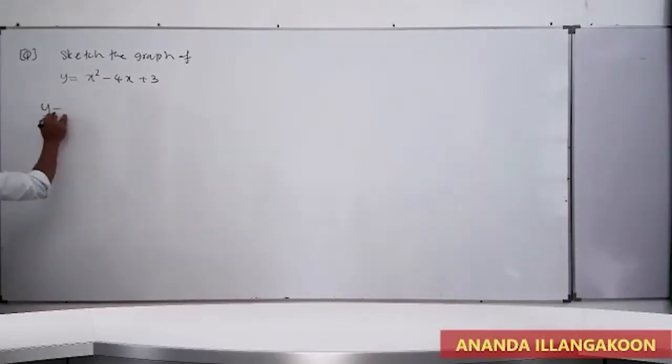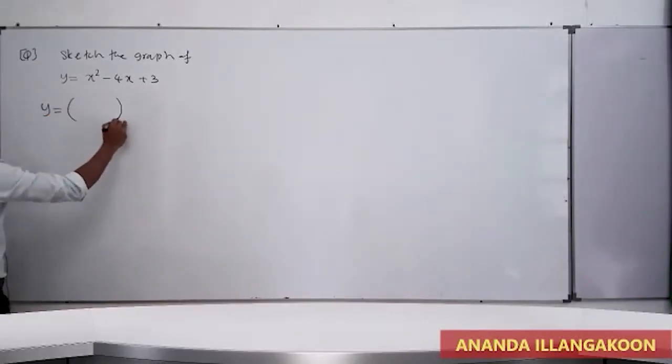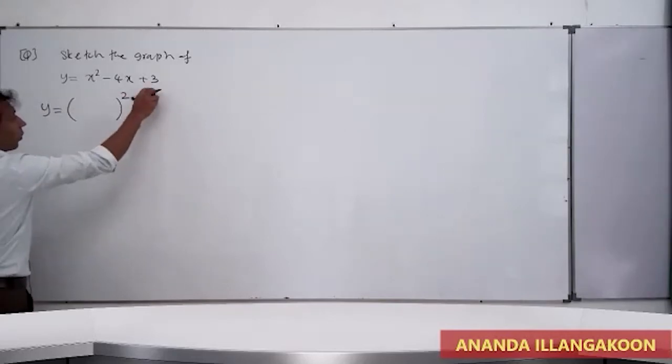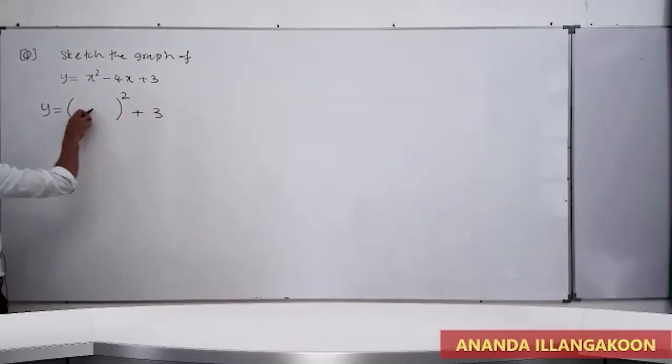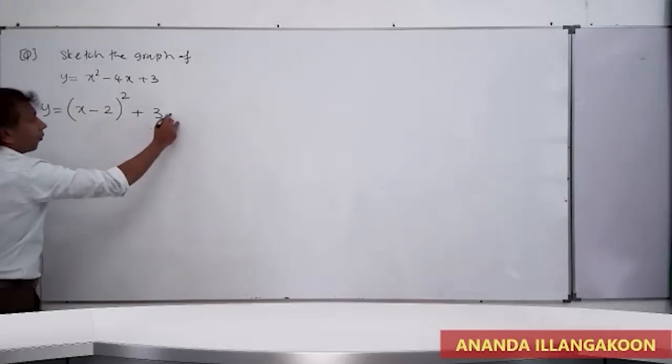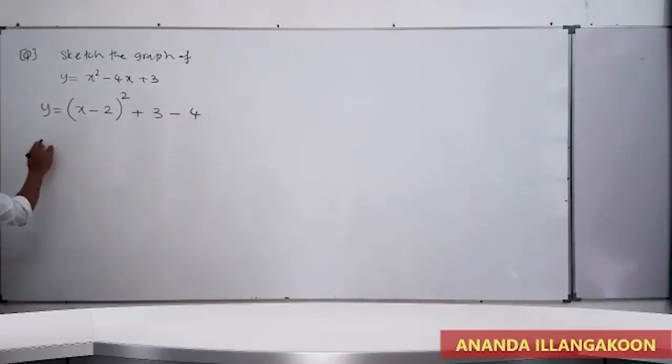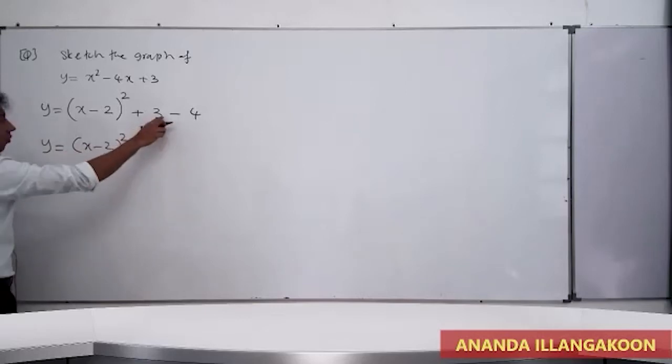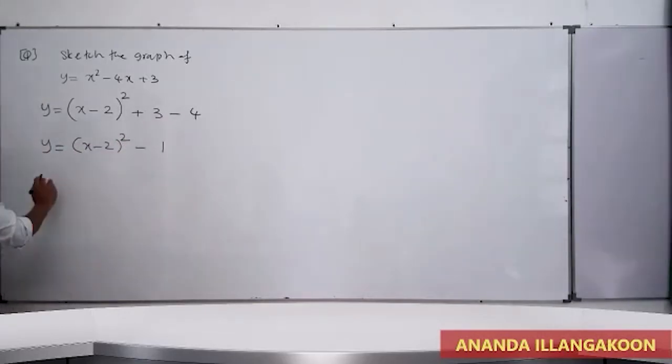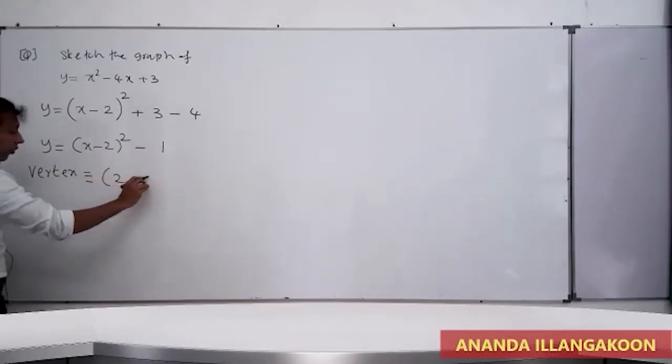How to do this now? Open a bracket, put the perfect square plus 3. Here we write x and minus sign, divide this 4 by 2. What we subtract? 2 squared, 4 we subtract. Now what do you get? x minus 2 perfect squared, 3 minus 4 is minus 1. What is the vertex? Here 2, here minus 1.